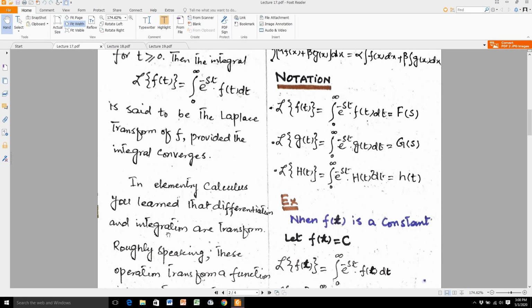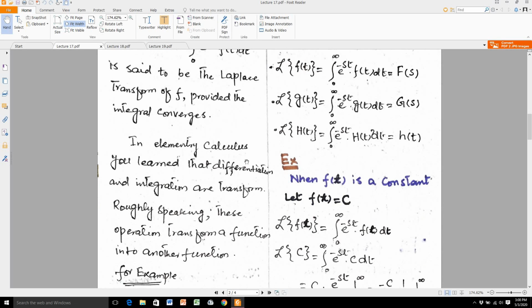Because differentiation and integration are two operators, one is the differentiation operator and the other is the integration operator. They change the nature of the function, so we call these transformer functions. Roughly speaking, these operations transform a function into another function.